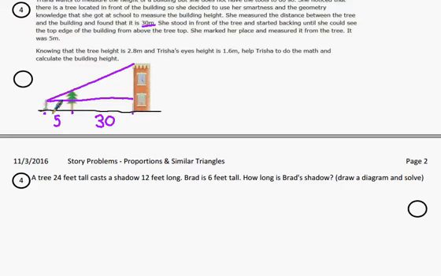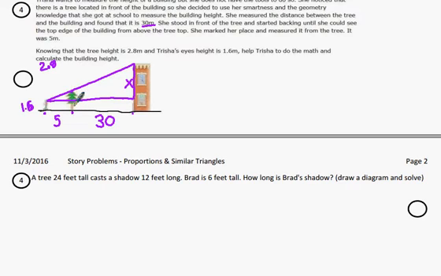I know we're looking for the height of the building, but I don't want to work with that right now. I'm going to say x is this side of the triangle, and I'll come back to that. We know her eye level is 1.6 meters, so I can call this 1.6, and the tree is 2.8, which I'm not going to label yet because that's not actually part of our triangle.